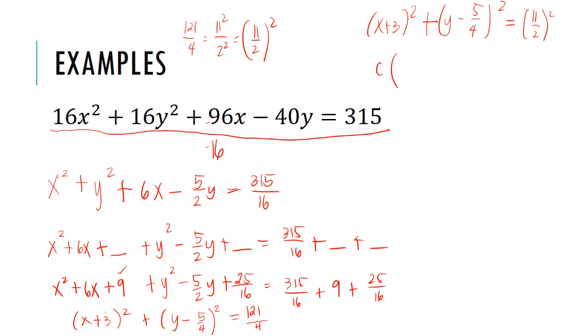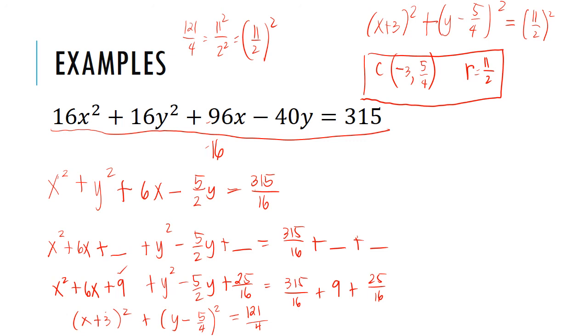Therefore, ang center natin is 3. Sorry. Kung positive yan, magma-minus 3 tayo dito. Kung negative yan, positive 5 all over 4 ang center. Ang radius is 11 all over 2 or 5.5. So, ganyan po yung graph niya.